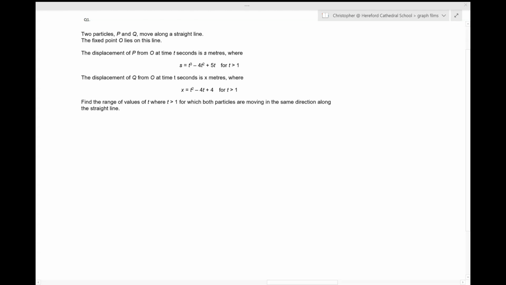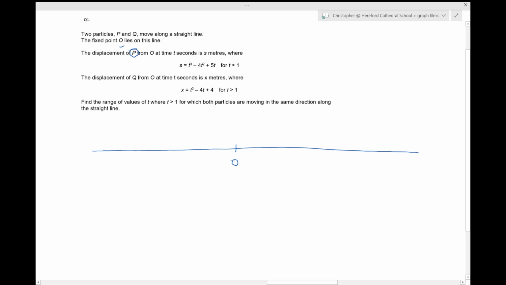Question 1. I've got P and Q, and they're moving along a straight line, and the fixed point O lies on the line. Okay, so here's my straight line. Here's the point O. Now let's take particle P to start with.